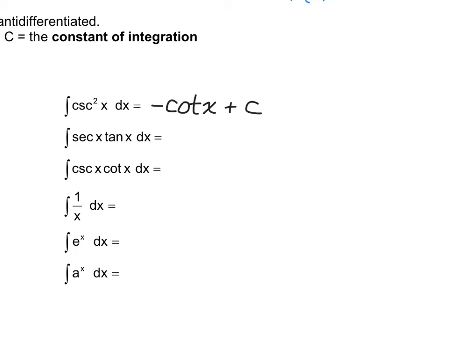Antiderivative of secant x tan x. It's going to be secant. The derivative of secant x is secant x tangent x. Antiderivative of cosecant x cotangent x.